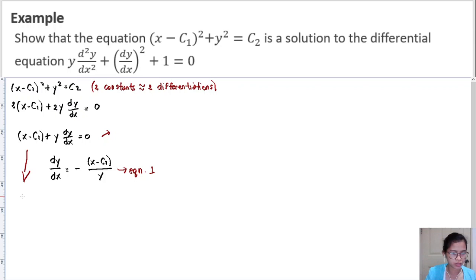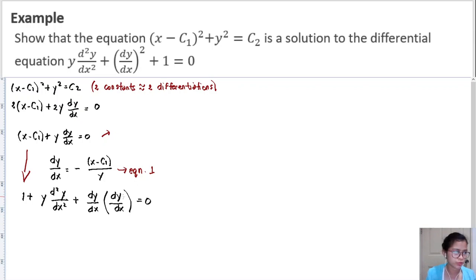Differentiating that, for the second derivative, the derivative of this would be 1 minus 0, or simply 1, plus, following the product rule, the derivative of y dy over dx would be y d squared y over dx squared plus dy over dx times the derivative of y, that is dy over dx, equals 0.